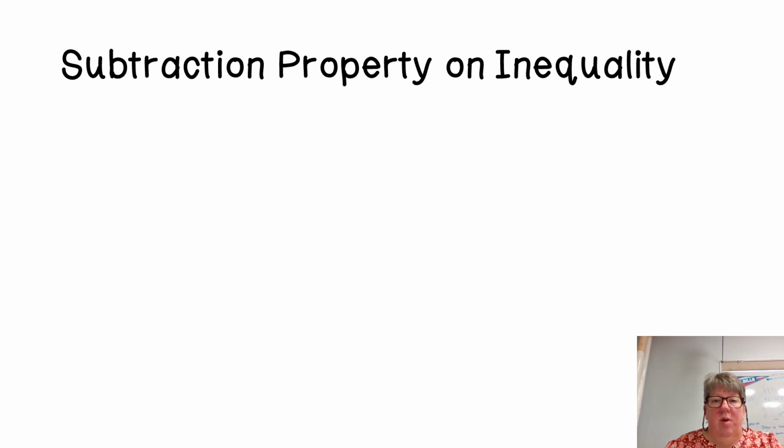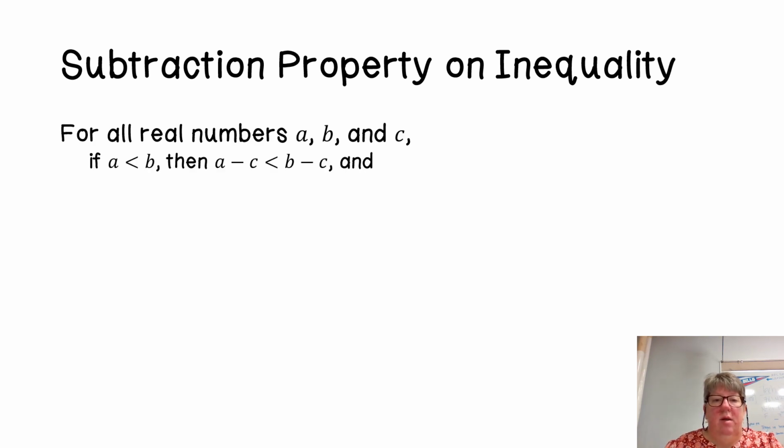The subtraction property of inequality, same thing but with subtraction. So for all real numbers a, b, and c, if a is less than b, and I subtract c from both sides, a minus c is still going to be less than b minus c.